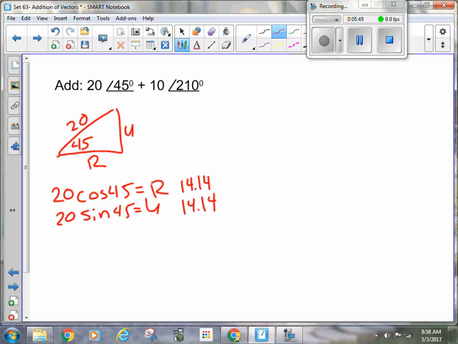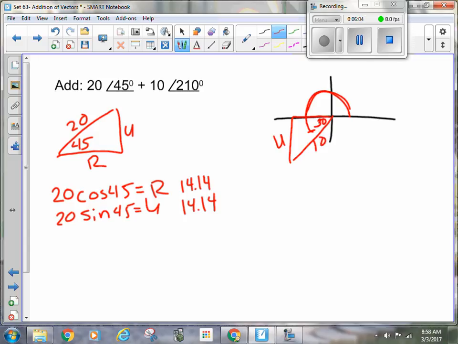Okay, then our next one here is that 210 degrees again. So I'm just going to draw my coordinate, go around, and I'm out. That's 180 at this portion, and so then that leaves me with 30 and a 10.